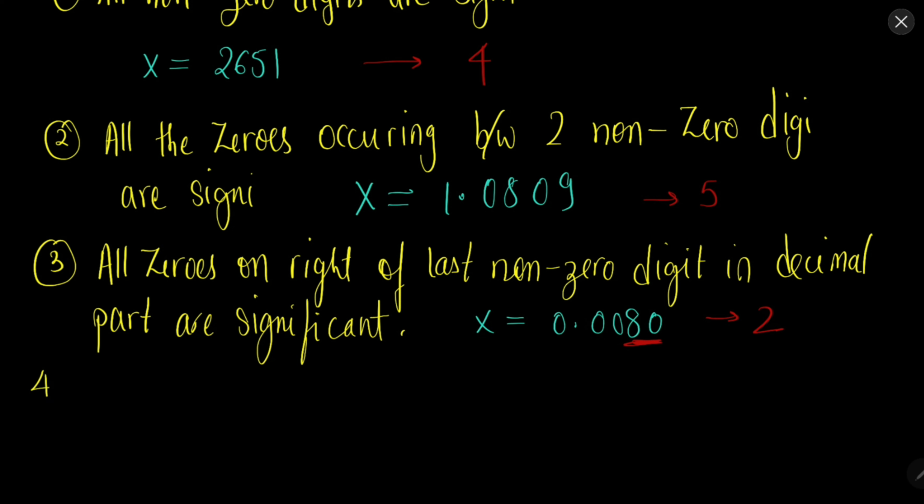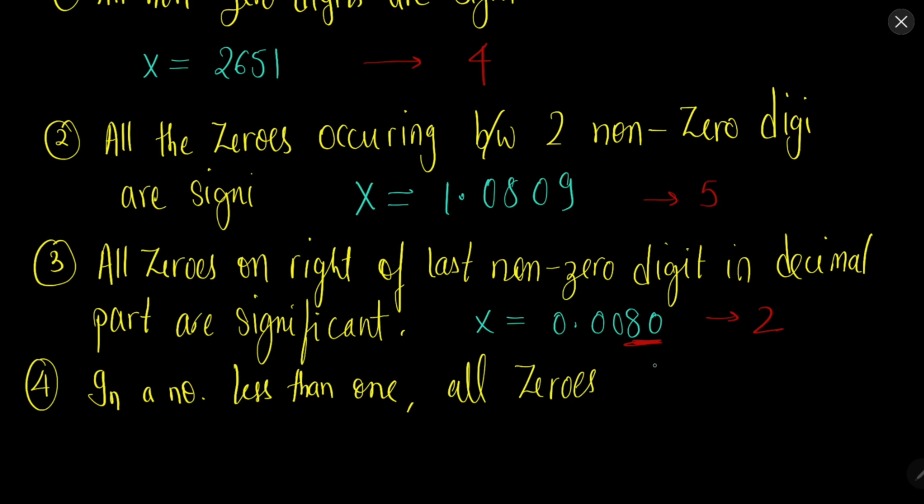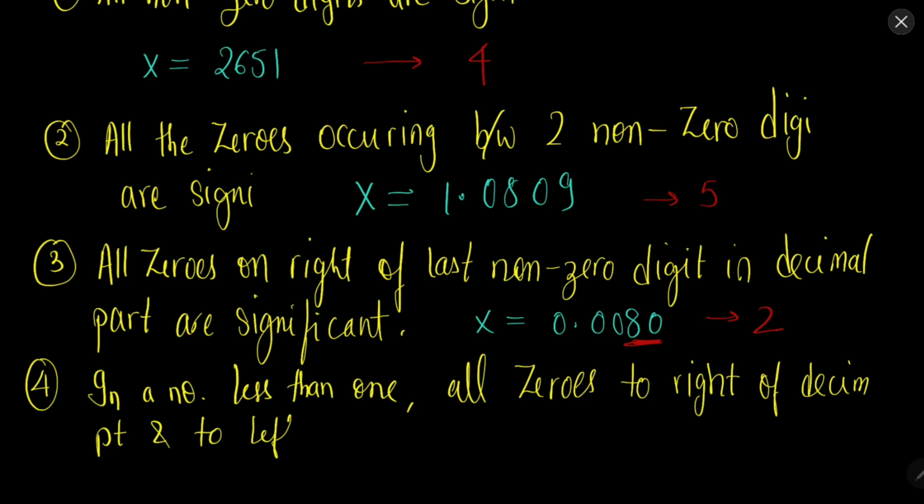Now the fourth rule is that in a number which is less than 1, all zeros to the right of the decimal point and to the left of a non-zero digit are not significant.